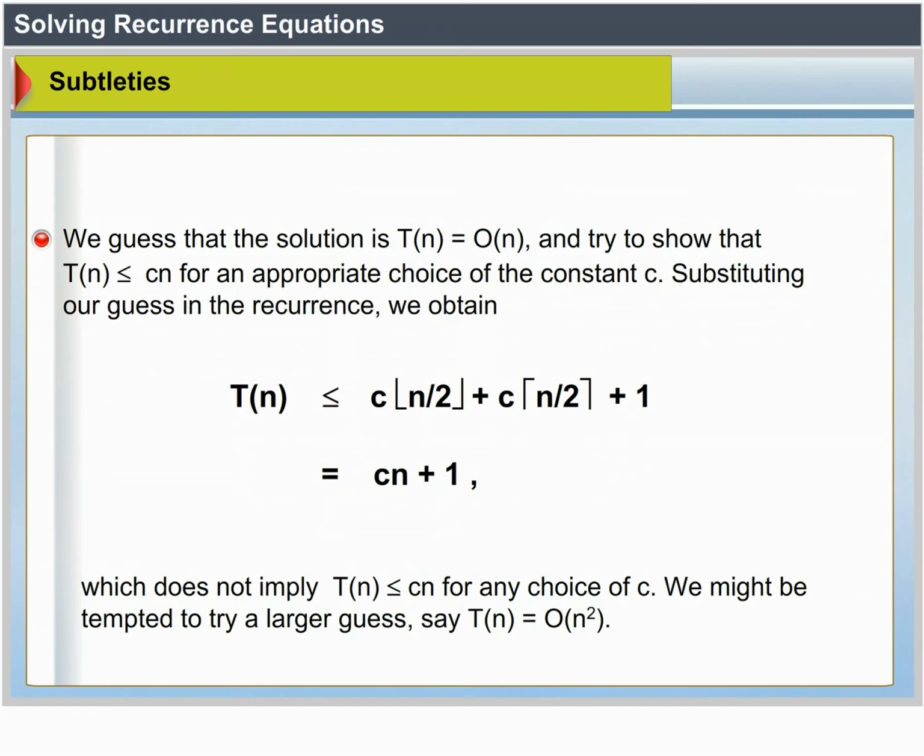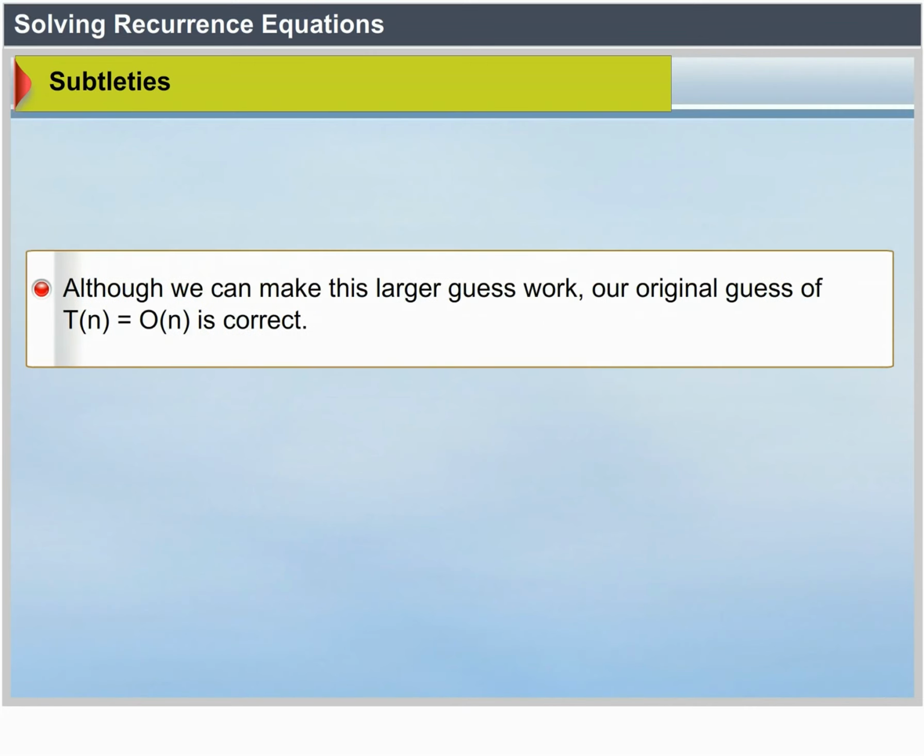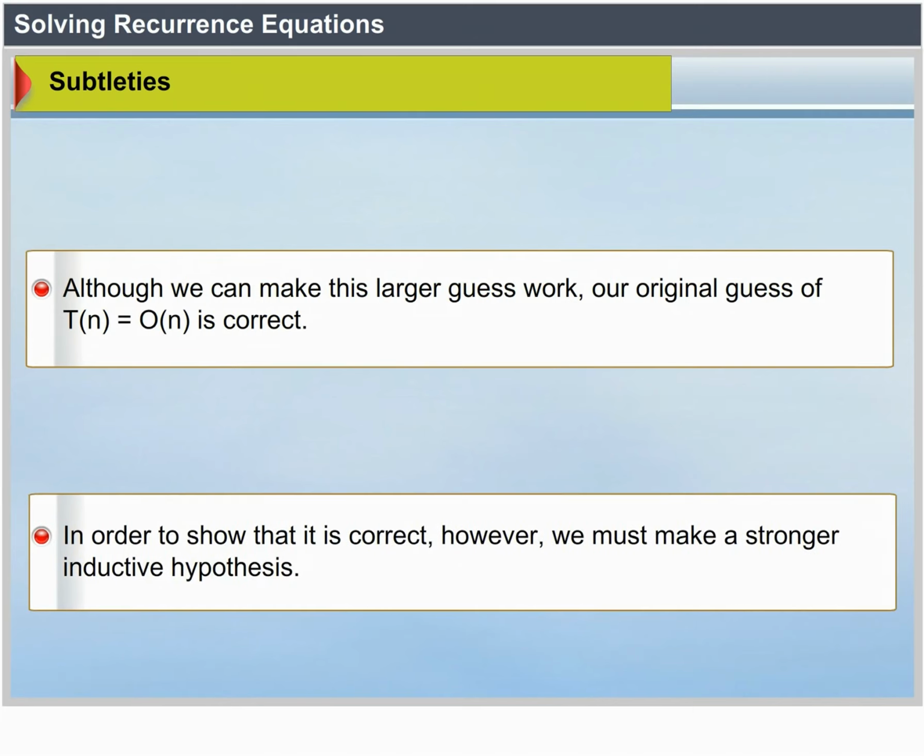We might be tempted to try a larger guess, say T(n) = O(n^2). Although we can make this larger guess work, our original guess of T(n) = O(n) is correct. In order to show that it is correct, however, we must make a stronger inductive hypothesis.